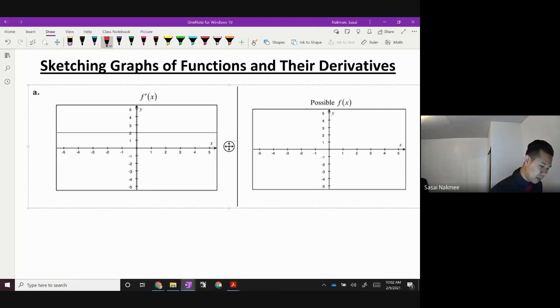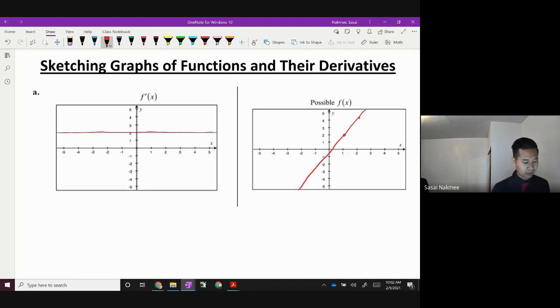If I was drawing this out, it goes up 2 and over 1, up 2 and over 1, and that stays constant all the way through. It's going to stay at a positive 2 the whole time. So my function is always going to be going up. It's going to look something like this. And that's it. There is a possible function that has a derivative of 2.